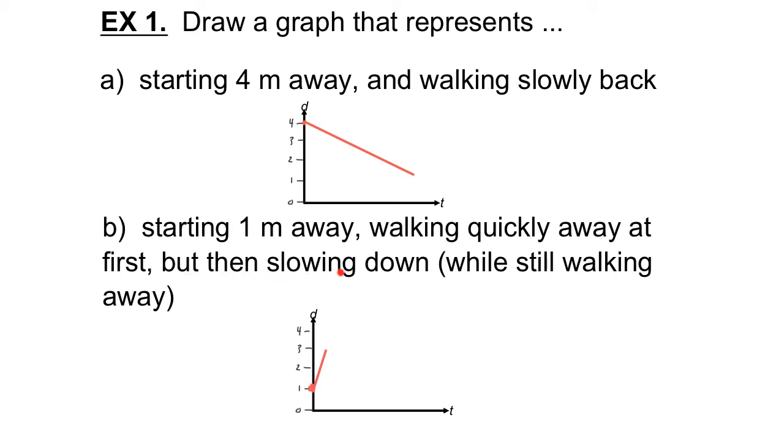But then he's slowing down while still walking away. Okay, so he's still walking away. His distance is going to increase more and more and more, but he's slowing down. So it's going to take more and more time. It's going to look something like this. He's going fast, but then he's slowing down. But his distance is still increasing. So it looks almost like a curve at that point.